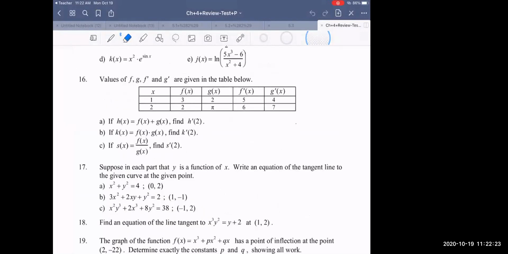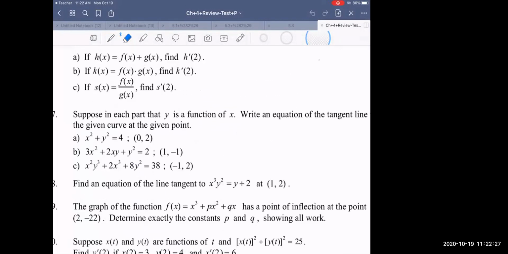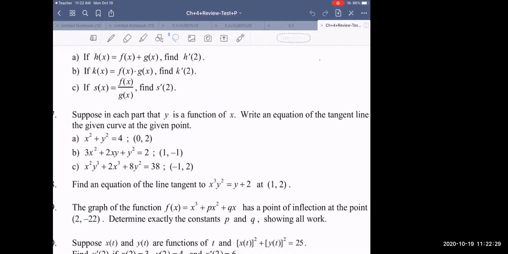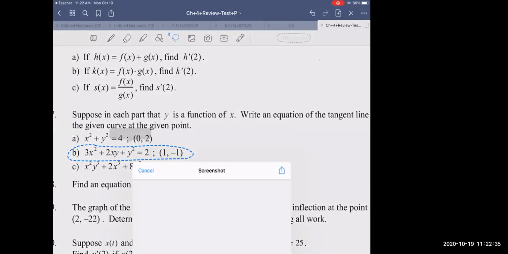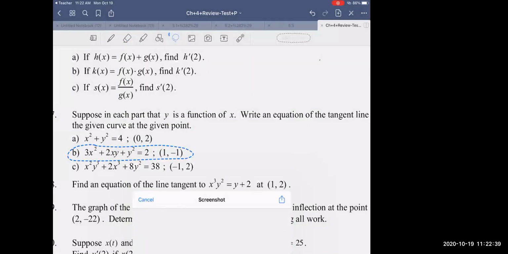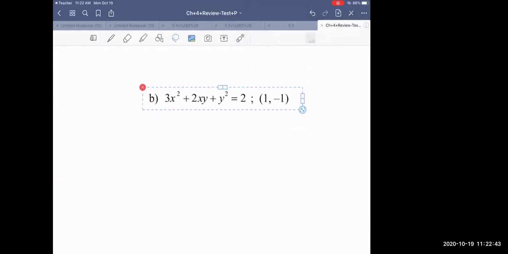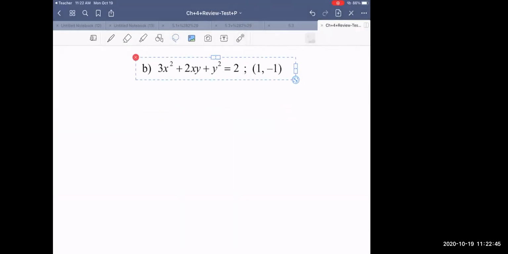Okay, so write the equation of a tangent line to the given curve, right? So your function, and I'm going to put this on another piece of paper. Copy and paste. Yay, there it is. Okay, so we want to find the equation of a tangent line given this implicitly defined function.